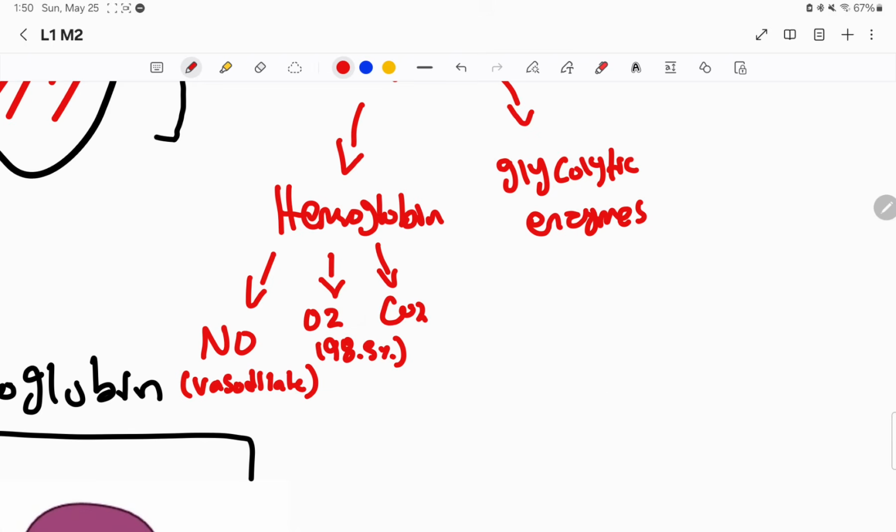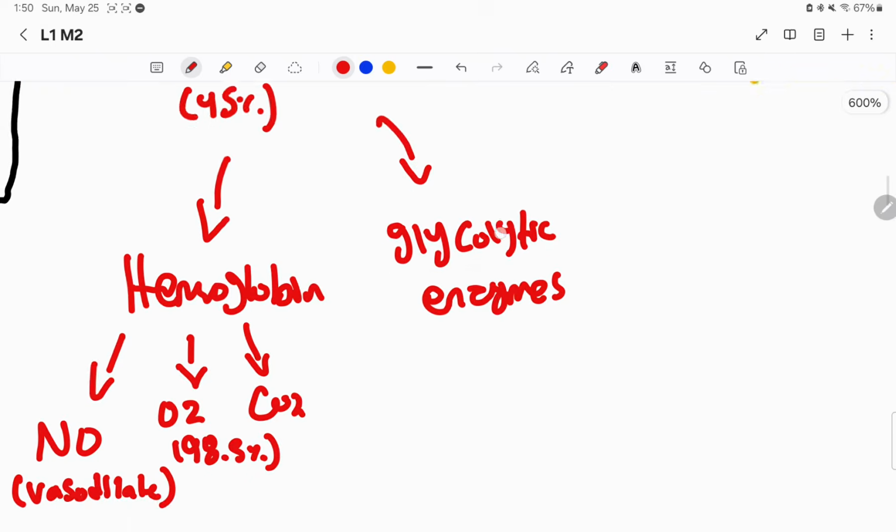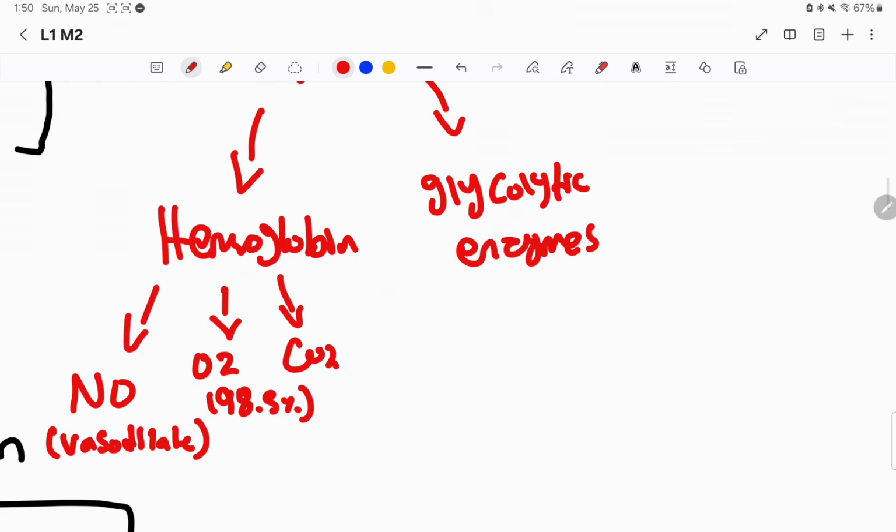CO2 is also carried by hemoglobin to a lesser amount. CO2, as we'll learn in a second, is carried in multiple different ways. And if you're curious, I have a whole video on oxygen and on CO2 transport in my Human Physiology Part 2 playlist, so feel free to go and watch that. It can also bind to carbon monoxide somewhat irreversibly.